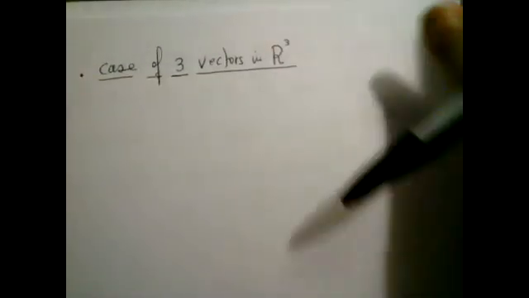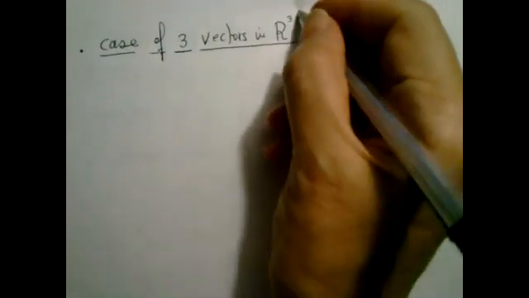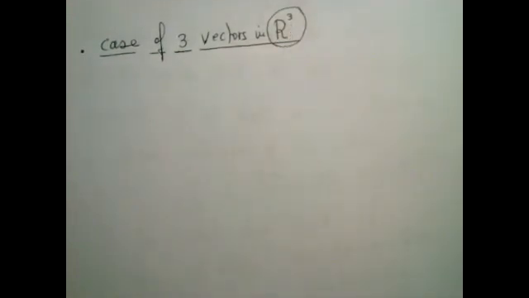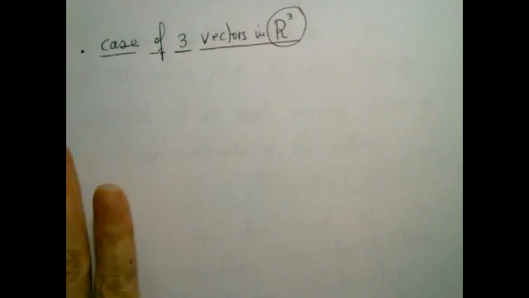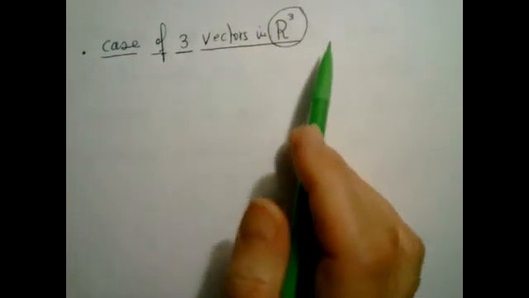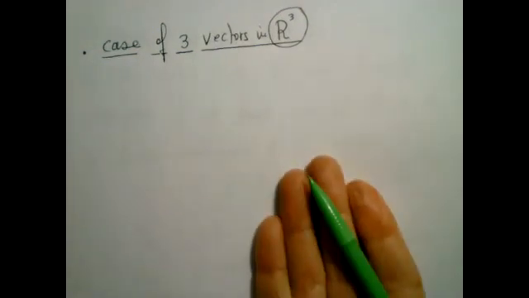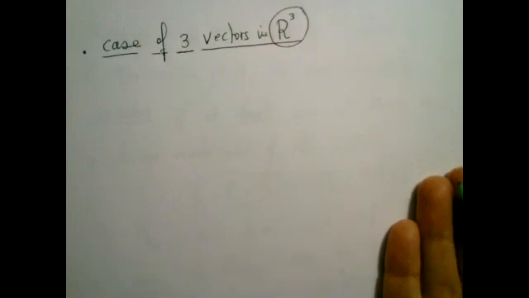So let me take the case of 3 vectors at the pure geometrical stage. I want them in R3. It means I am in 3 space. In R2, I will take after that. How can 3 vectors be dependent? How can they be independent?